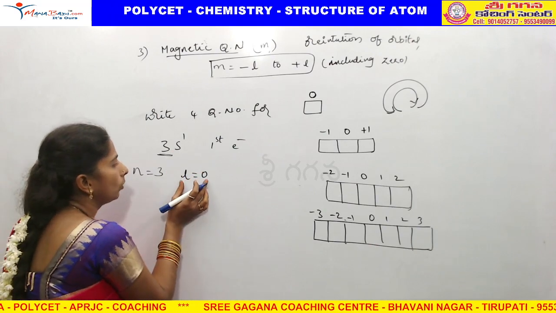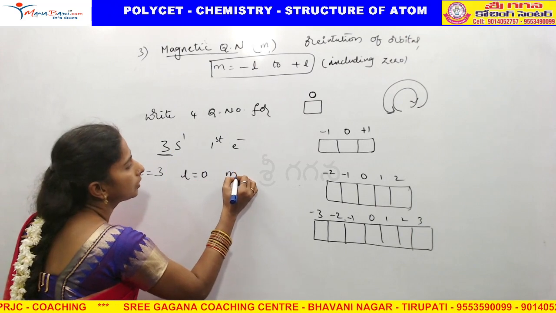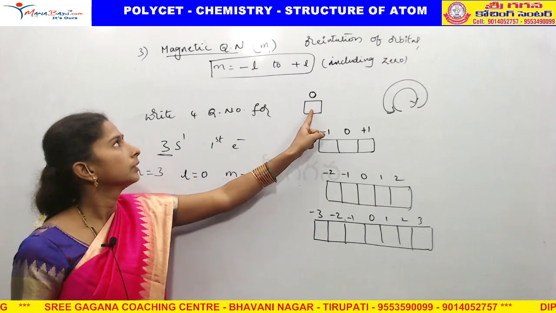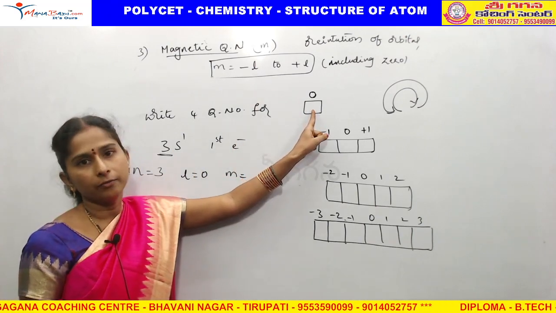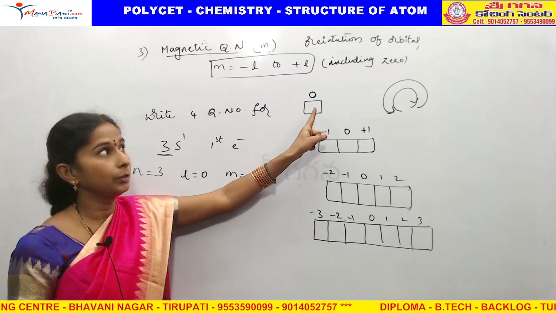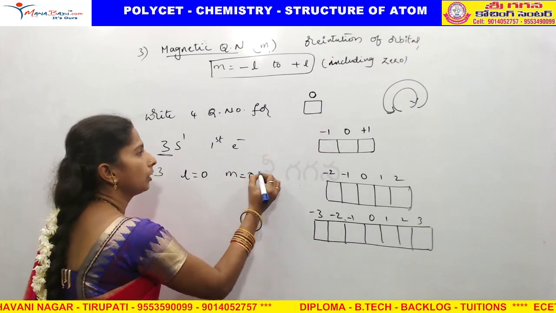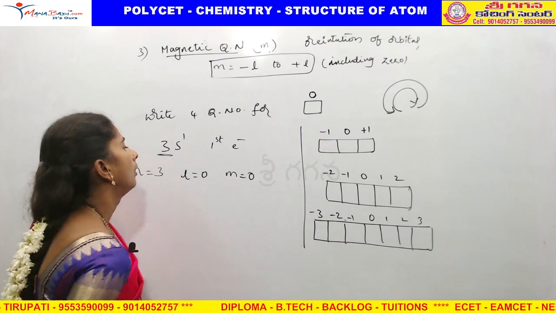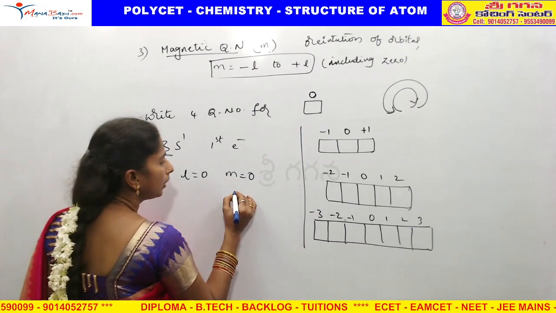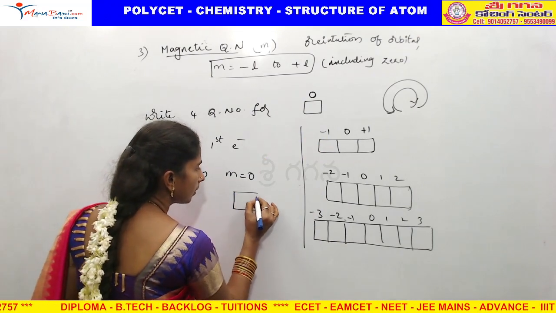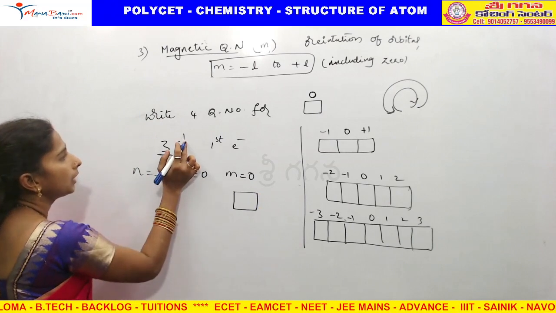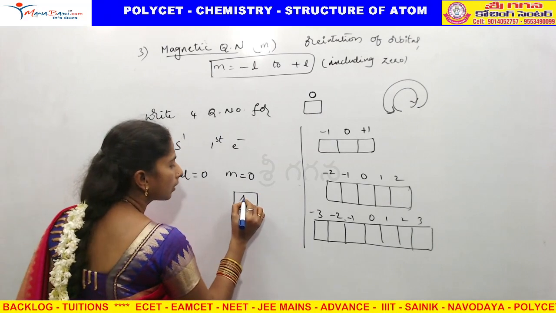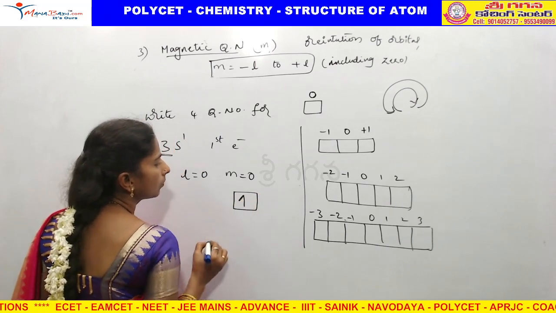If L equals 0, the m value is also 0. We know that, right, for s orbital. Now only we have written. So we can write the s orbital like this. How many electrons are there? 1 electron. The first electron is in clockwise direction.